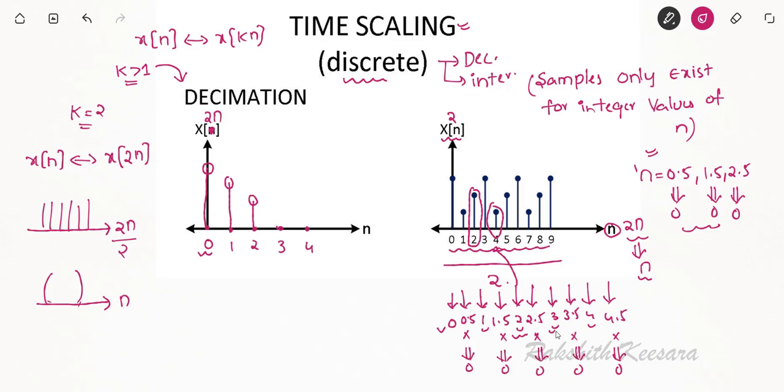Next, at n equal to 3, this sample will be picked out. Next, n equal to 4 corresponds to this sample.